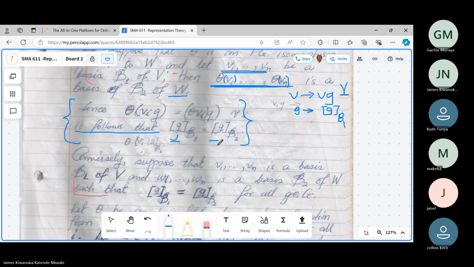So then there's another map now, which takes W to WG, but any vector in W, since it's an onto map, can be written as an image of some element in V. So if I have W, this is the same as theta of V for some element in V. Is that correct? No, not phi, theta.